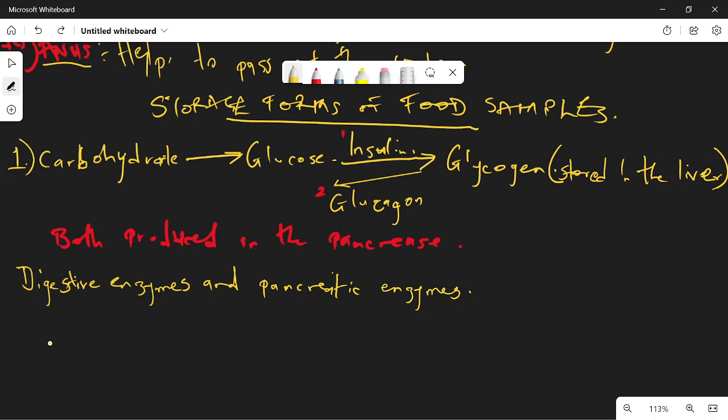But when we talk about digestive enzymes, we're talking about these ones.